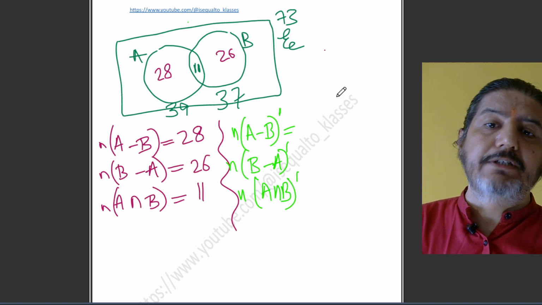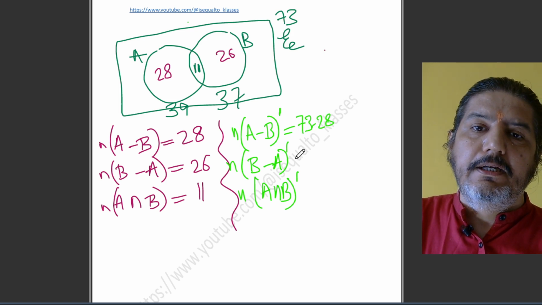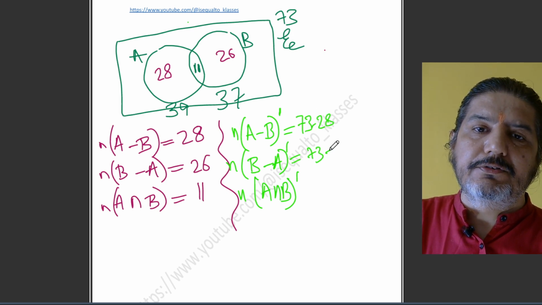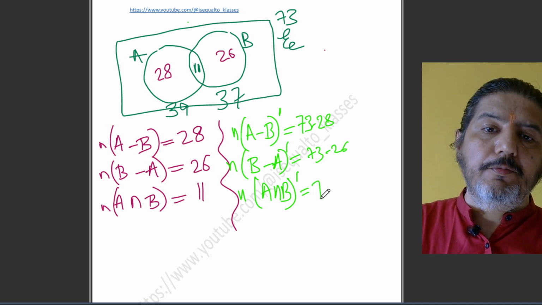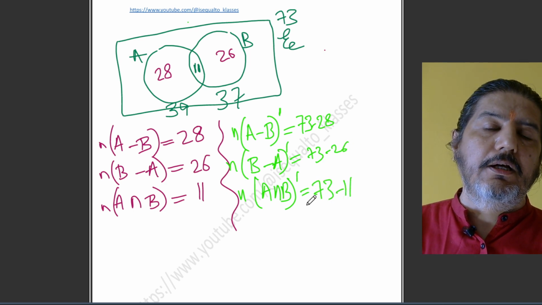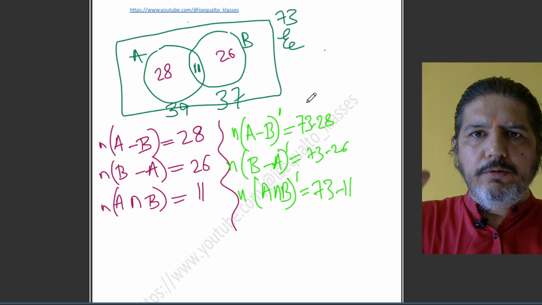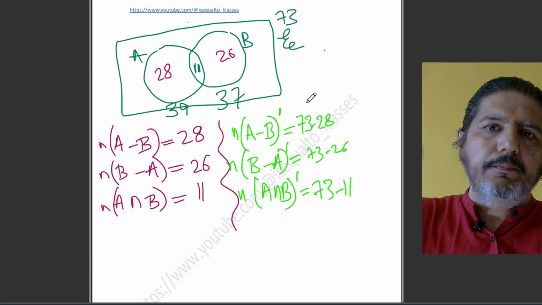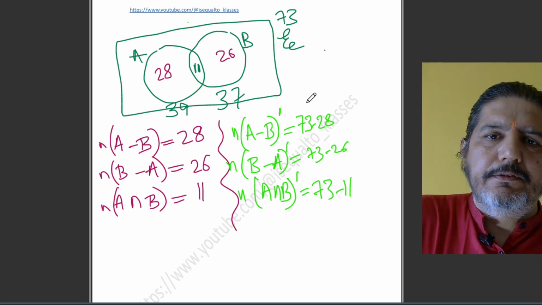So that would be 73 minus 28. B minus A is 73 minus 26. A intersection B complement would be 73 minus 11. I hope you are getting it. From the universal set, you take out whatever is there in your set, because that is the complement. This is what it implies.